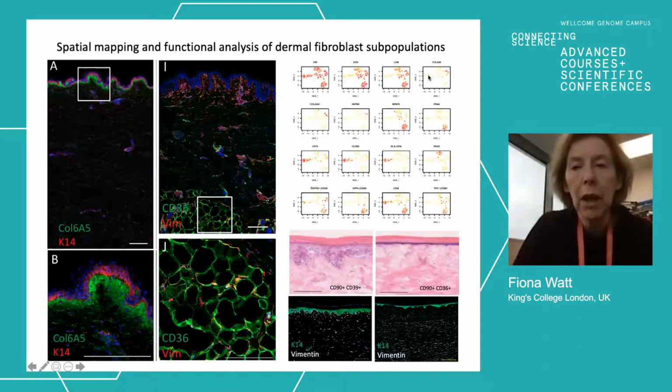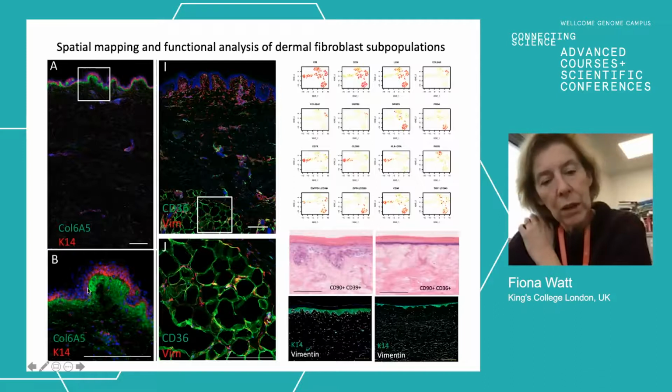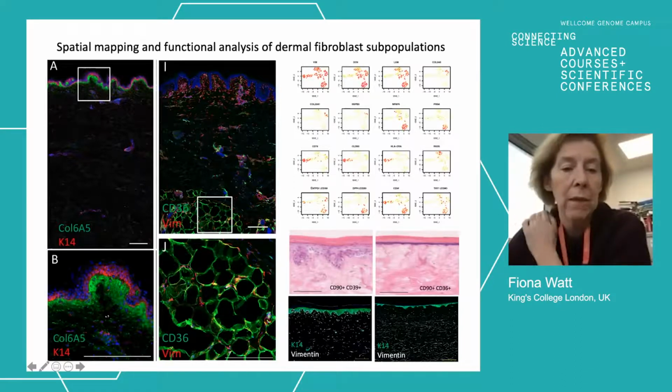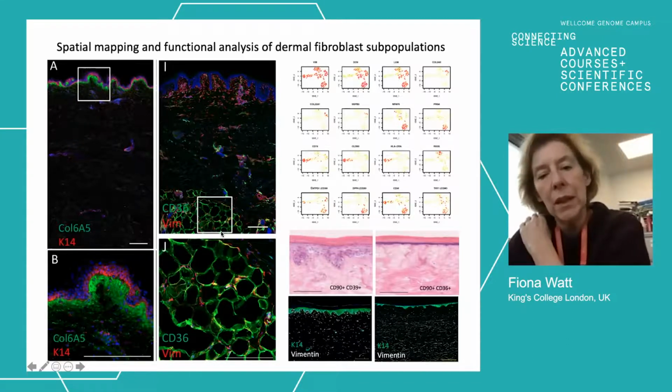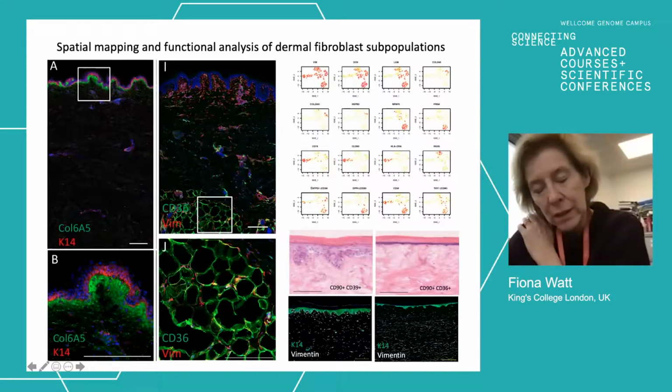So we could pick up different populations of cells, and as we've published, we could see that the expression of some of the populations was spatially segregated. In particular, you can see that collagen 6A5 is tightly confined to the uppermost papillary dermis, and CD36 is abundant in the reticular dermis and also in the adipocytes.